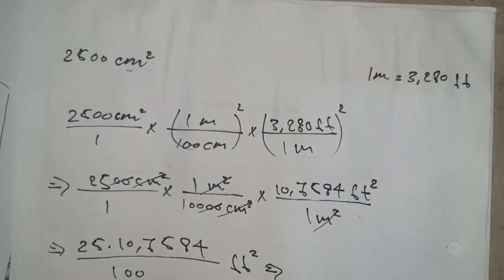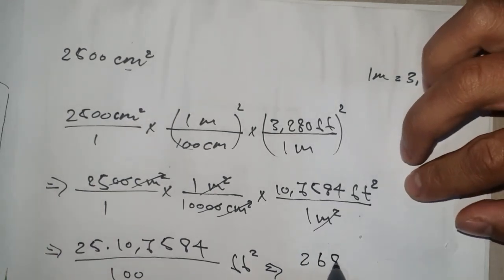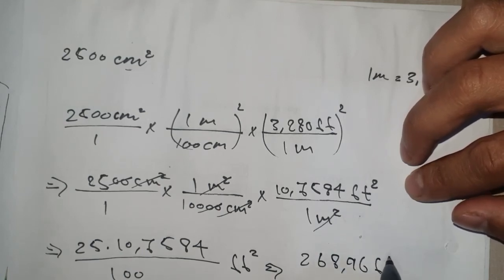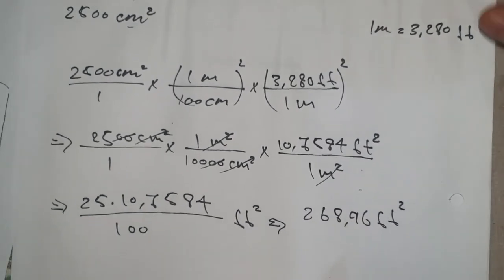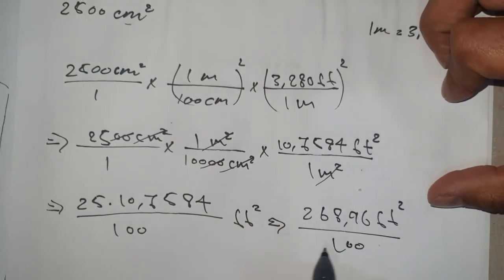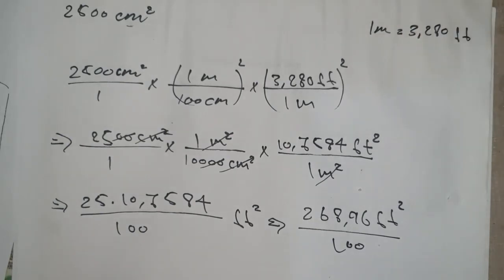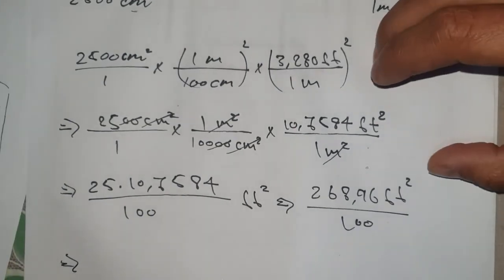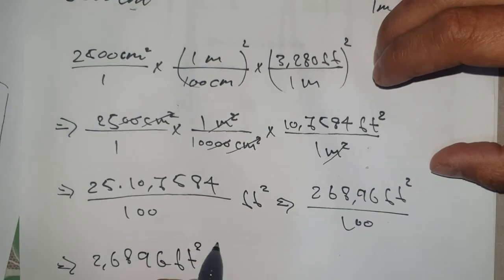When we multiply these two, we get 268.96 feet squared. Then we divide by 100, and we get 2.6896 feet squared.